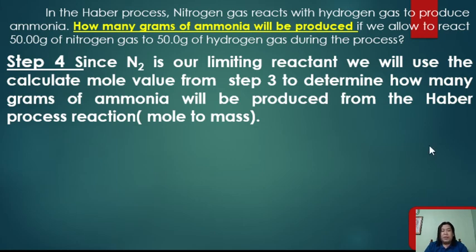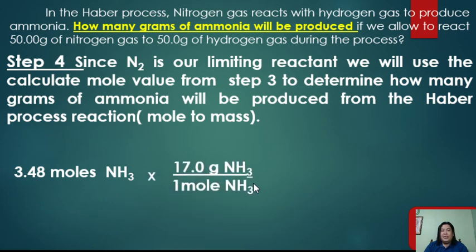So you simply rewrite the computed mole value from step 3, which is 3.48 moles of ammonia, and then convert this to mass of ammonia using the mole to mass stoichiometric calculations. For every 17.0 grams of ammonia, there is 1 mole of ammonia. So 17.0 grams per mole is the molar mass of ammonia.